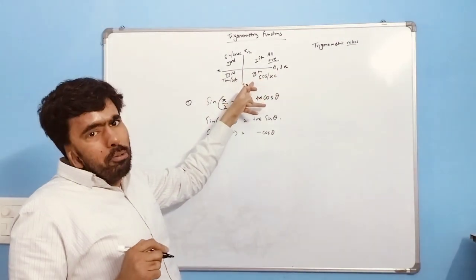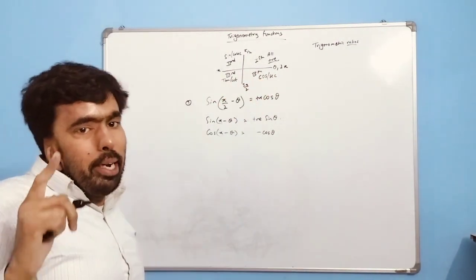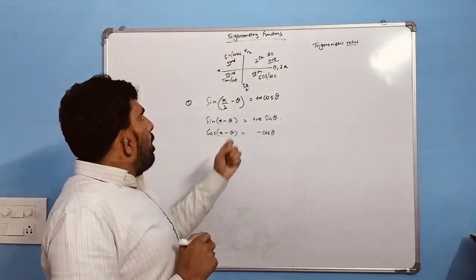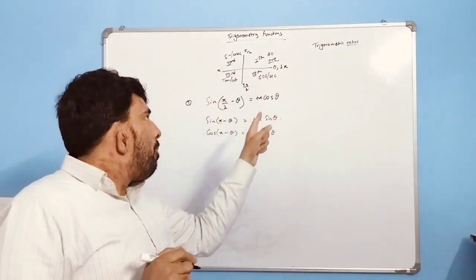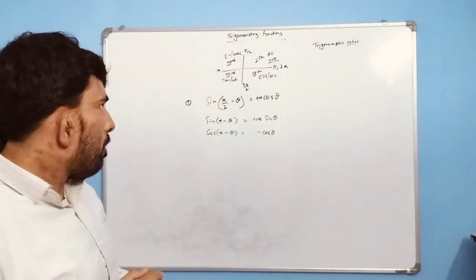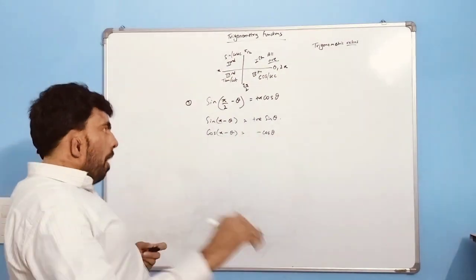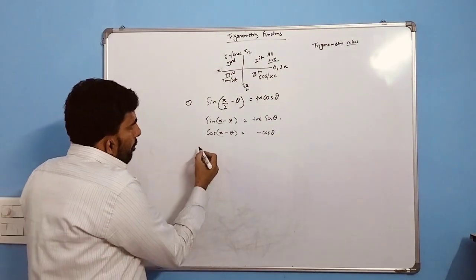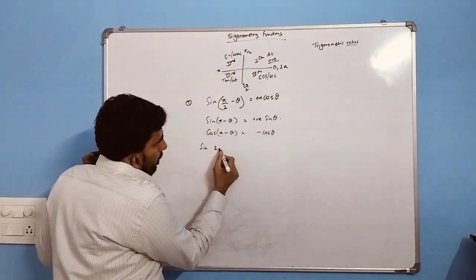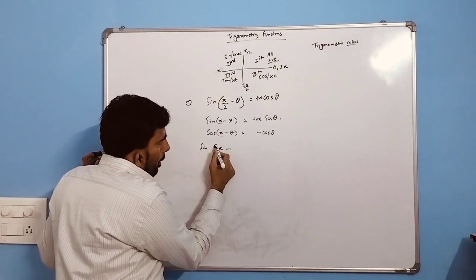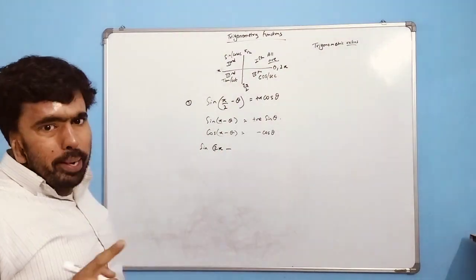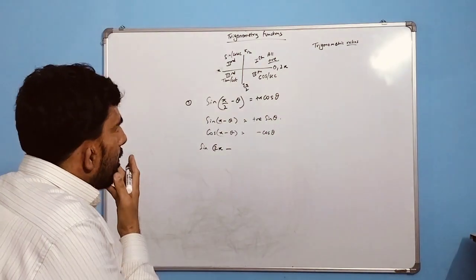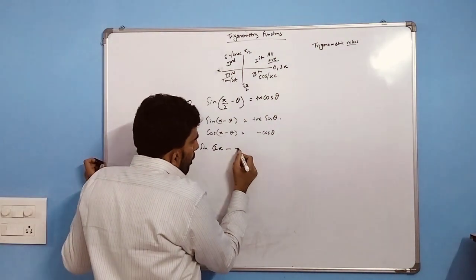So it will be negative because in fourth quadrant sin is negative. One more thing, pi I am using, 2 pi I am using, so it will not change. For example, if I take sin 2 pi minus, which value do I take? Pi by 3.